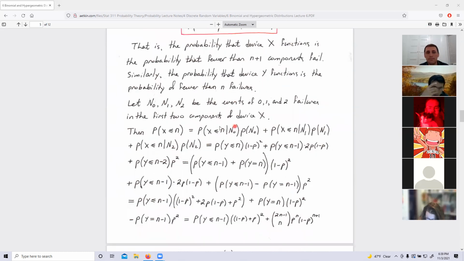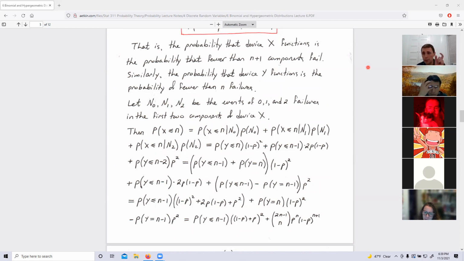So what do we get here? Then the probability that X is less than or equal to n is that same probability given N0, given N1, and given N2, right? So that means that we have 0 failures in the first two, 1 failure in the first two, and 2 failures in the first two.